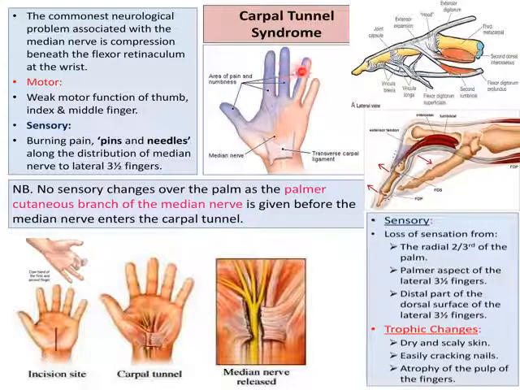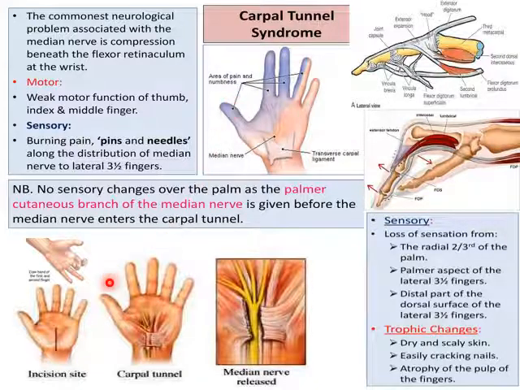Because there is no sensation for the lateral 3.5 fingers, drying and scaling of the skin is seen, and since the dorsum of the 3.5 fingers is also affected, cracking of the nails is seen, and there is atrophy seen for the index, middle and thumb fingers also.